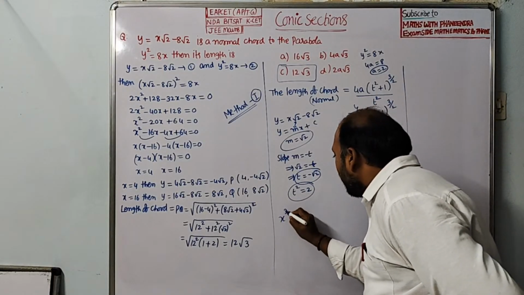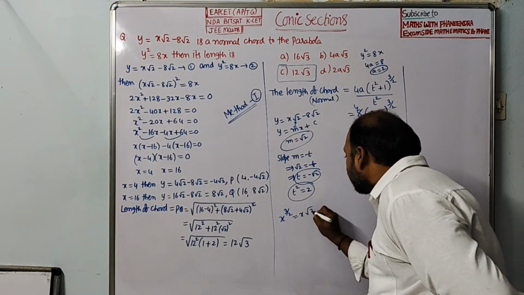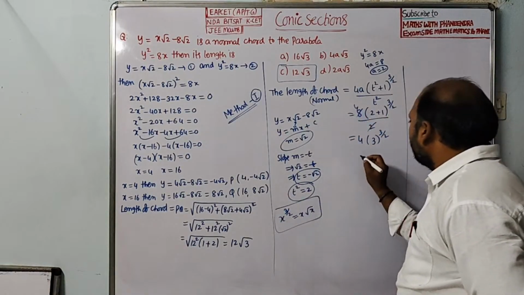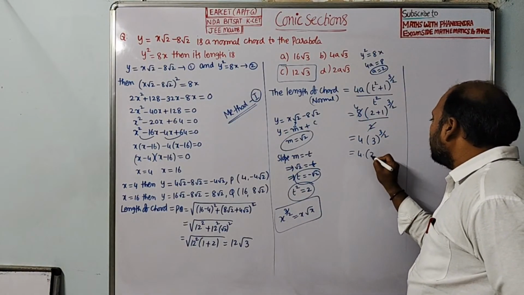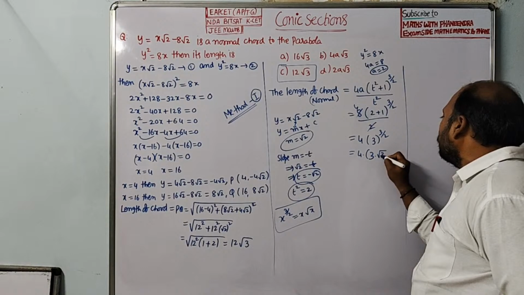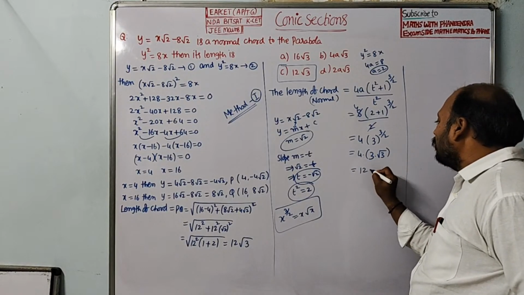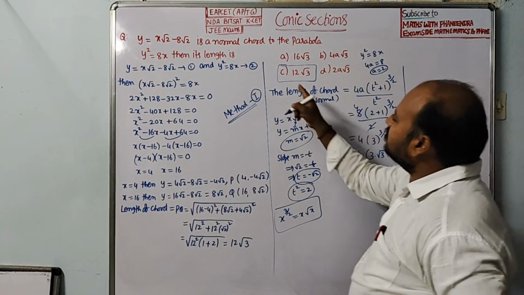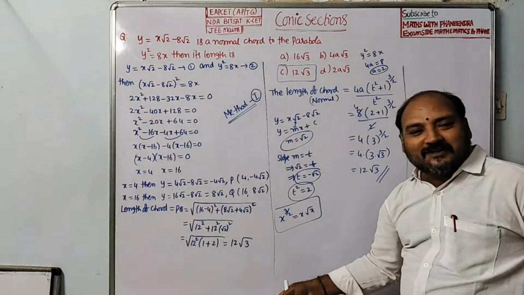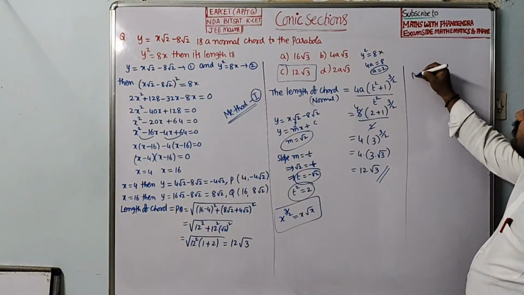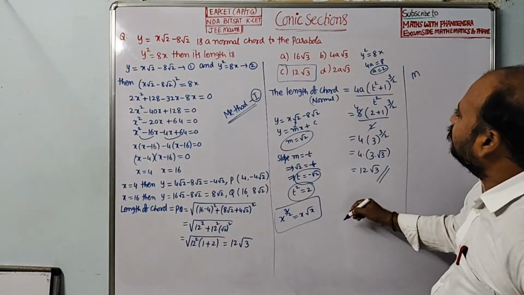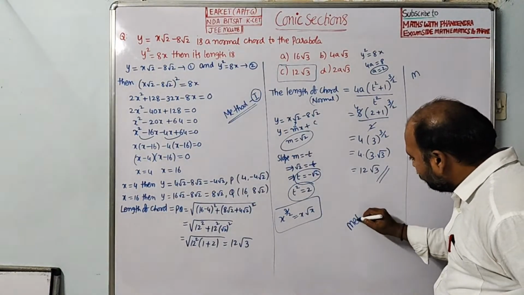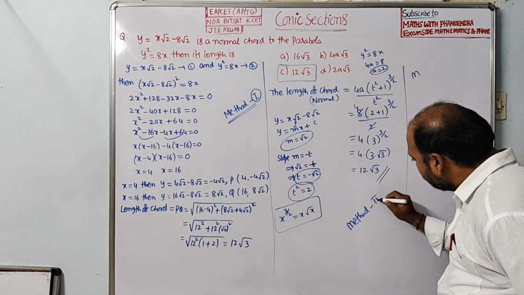X power 3 by 2 we can write as x root x. So here 4 into 3 power 3 by 2 is 3 into root 3, no? So 4 threes get 12. 12 root 3. Even here also we are getting 12 root 3. Same answer. Method 2 completed, dear students.